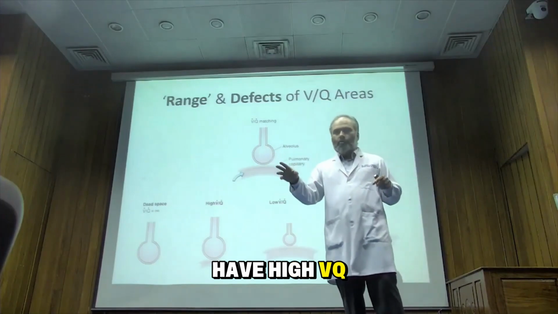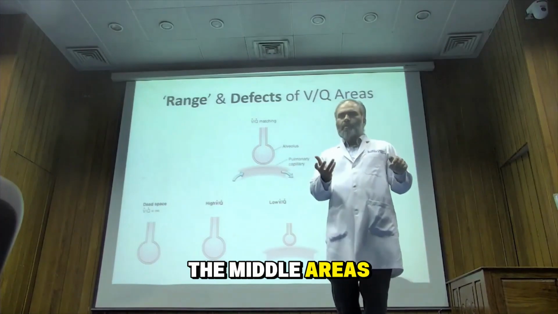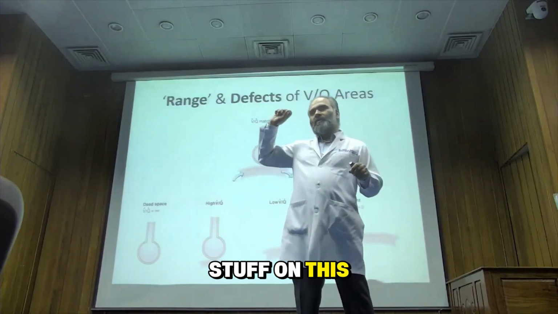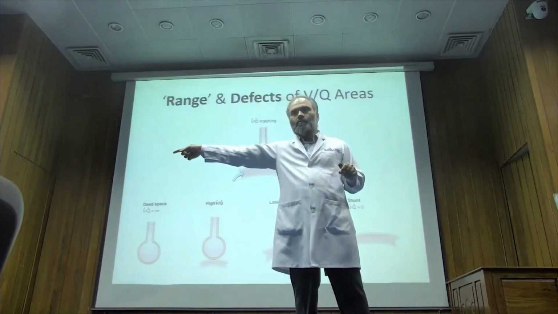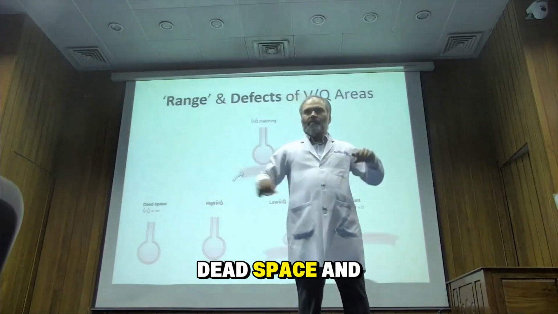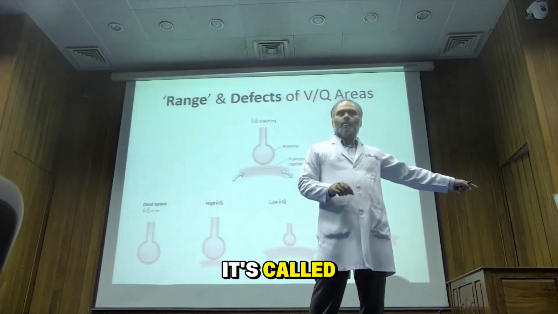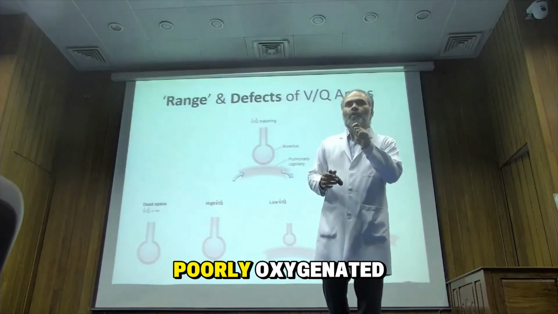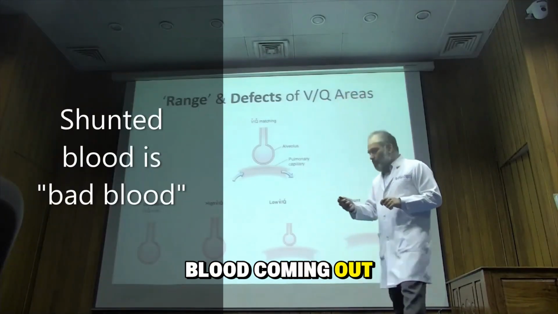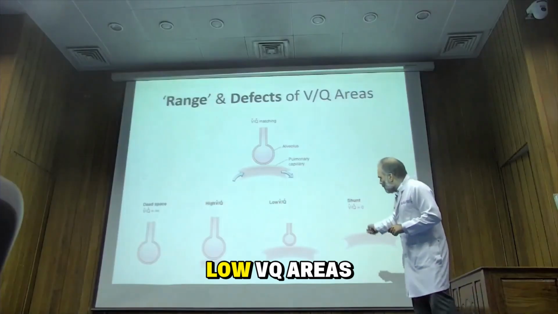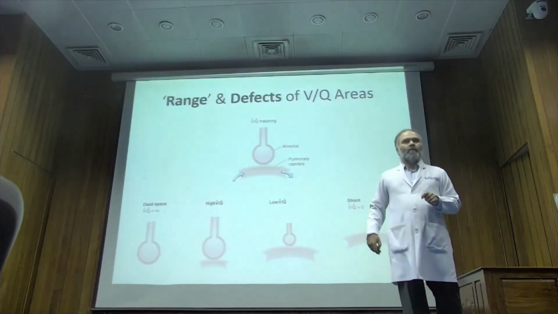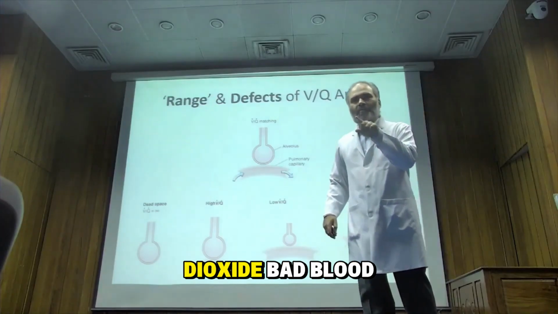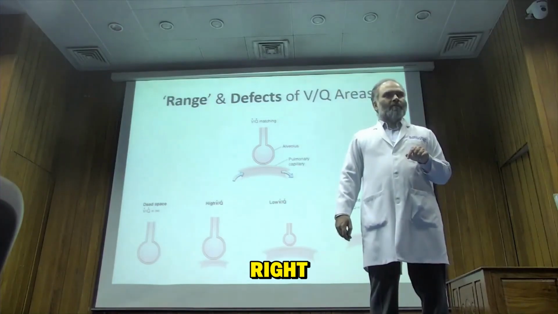You have high VQ, lower VQ, and the middle areas. And then you have the abnormal stuff on this end called dead space, physiological dead space. And at this end, it's called physiological shunt. So shunted blood is poorly oxygenated. Blood coming out of low VQ areas is poorly oxygenated, high in carbon dioxide, bad blood, right?